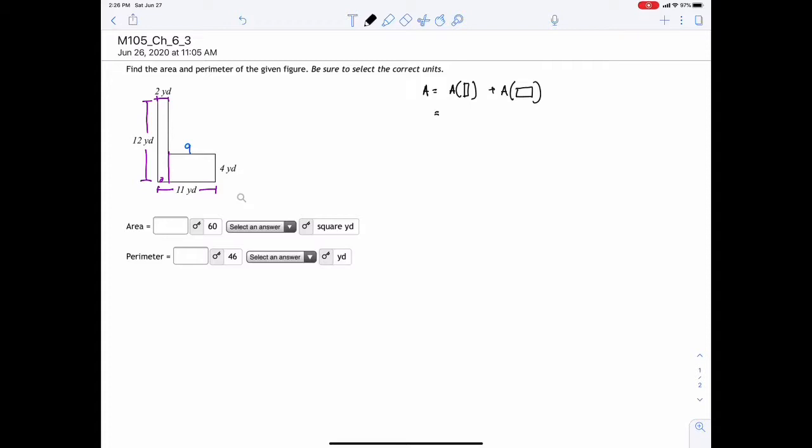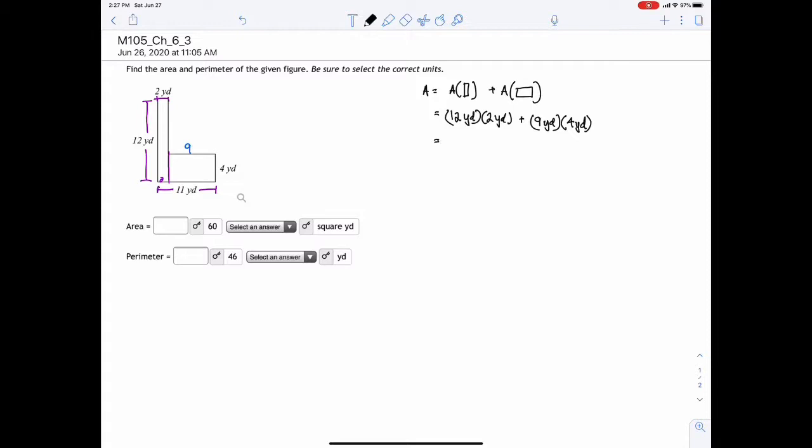So the area of the longer rectangle is 12 yards times 2 yards plus 9 yards times the height, which is 4 yards. Recall that the area of a rectangle is base times height, so the base here is 2 and the height is 12 for the first one. Then the second rectangle, which is wider, is a 9 by 4, and so that's the product there.